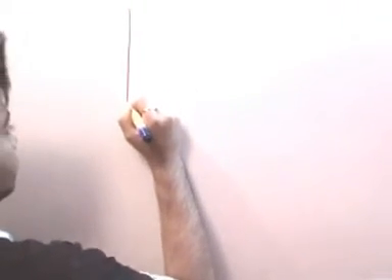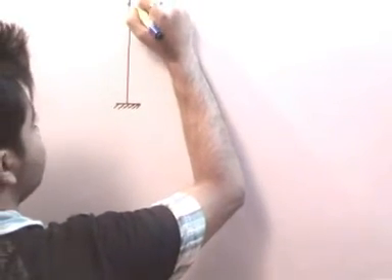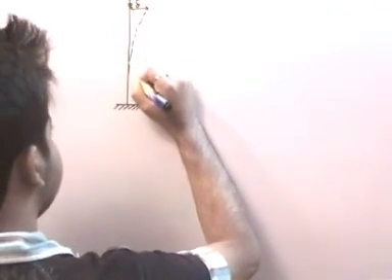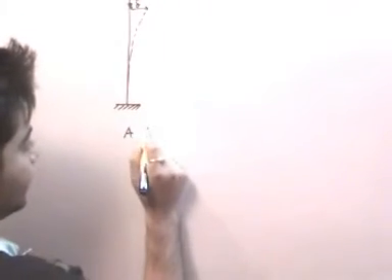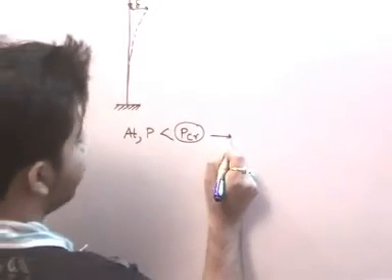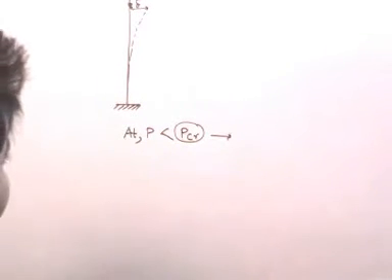Let us take an example: suppose this is a column rooted to the ground, and we apply a force P. Now the basic theory of long columns is that if I give the column some lateral deflection delta, then at values of P lesser than PCR, the critical load, we will find that when we take off the load, the column reverts back to its original vertical configuration.